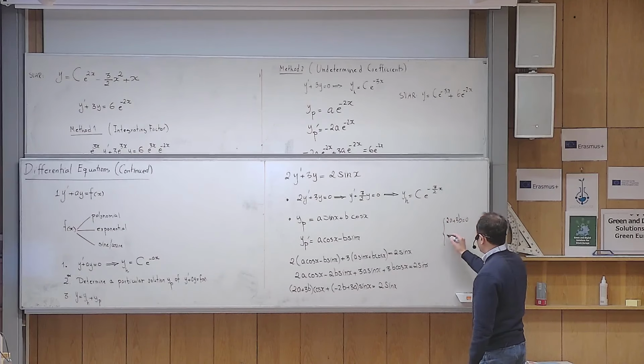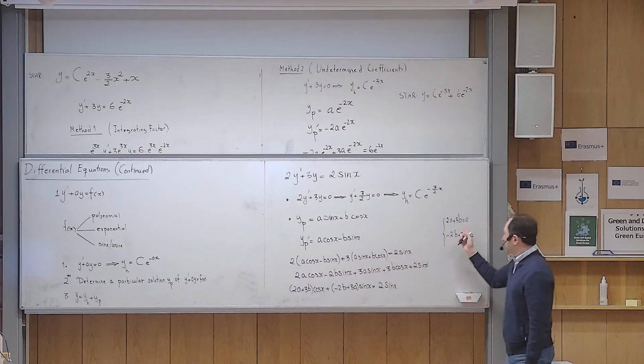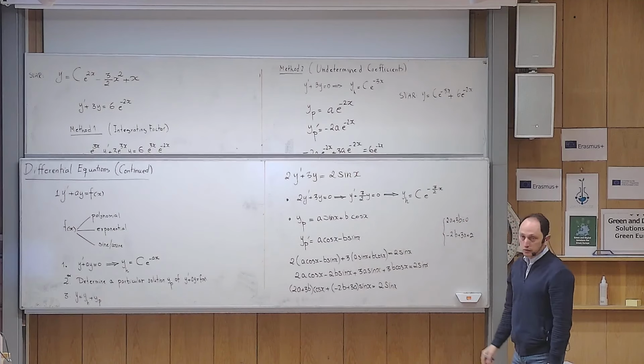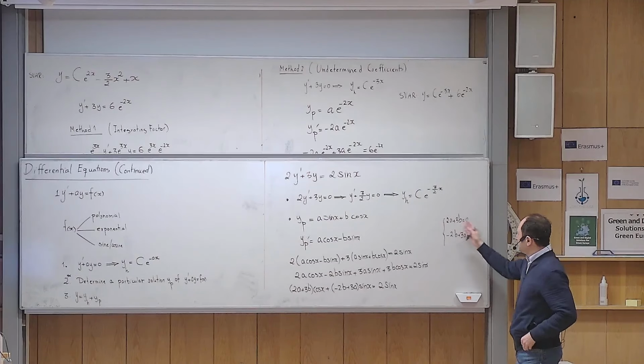So it means that minus 2b plus 3a should be equal to what? 2. So even though I guessed this, I am not guessing the coefficients anymore. I'm calculating. So what do you think is a good idea?